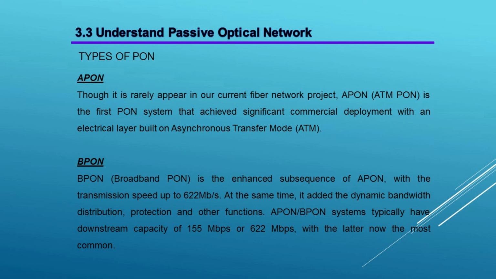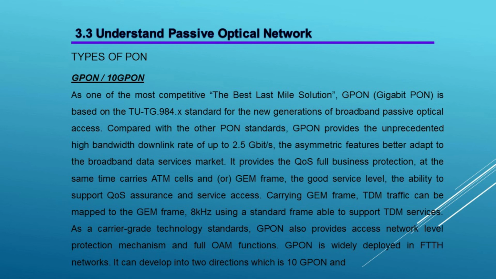At the same time, it added dynamic bandwidth distribution, protection, and other functions. APON/BPON systems typically have downstream capacity of 155 megabits per second or 622 megabits per second, with the latter now the most common.